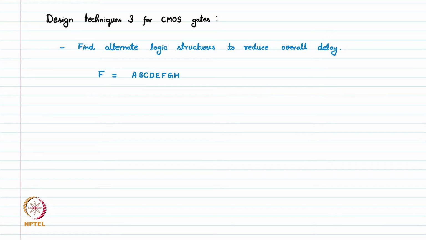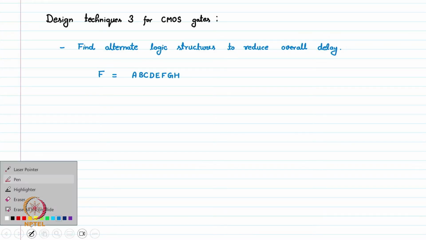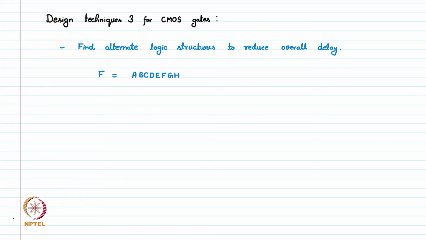So, one option is I make an 8 input gate which can do the AND operation. That I can do using the universal, let us say, NAND gate.